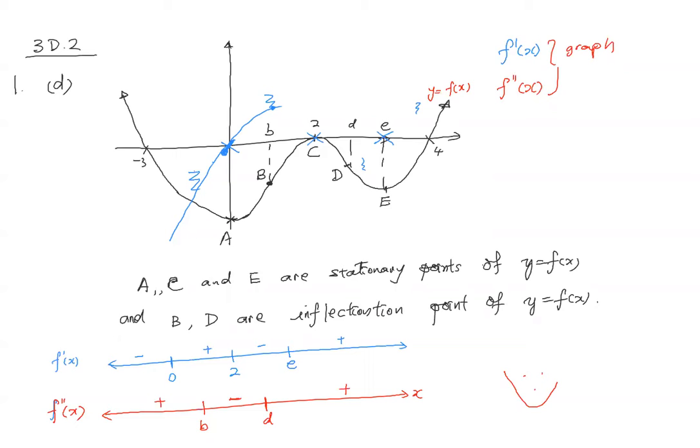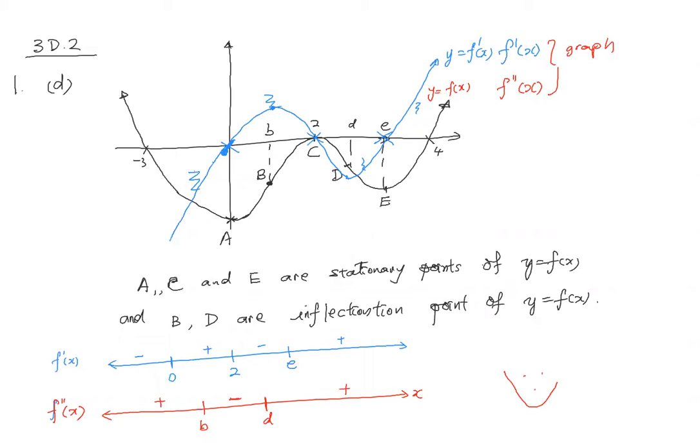Then after that, go down. Pass through C, correct? Then go down until D. It doesn't matter how you go. Then after that, you go up. So this is your y equal to f prime x.